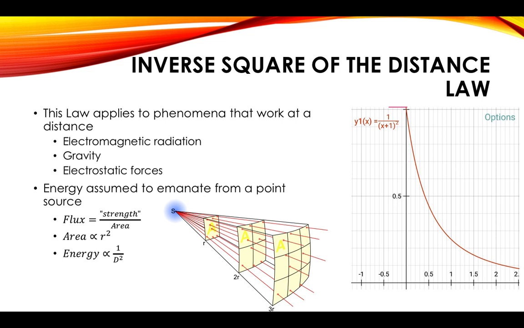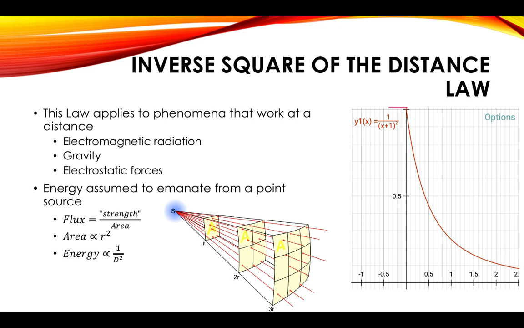For example, in this image here with the arrows and the areas from a point source in blue, we can see that as the distance of the radius gets larger, the flux, or how many arrows pass through each square, gets smaller as a function of the radius of the distance.